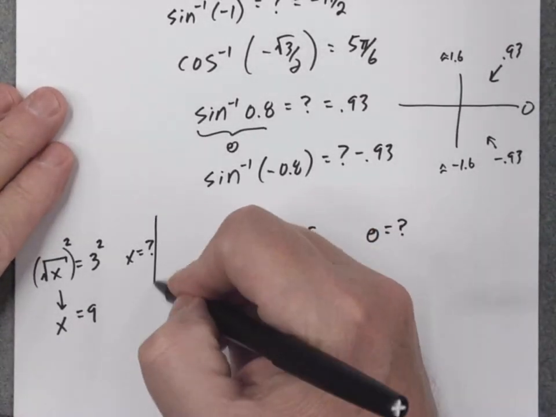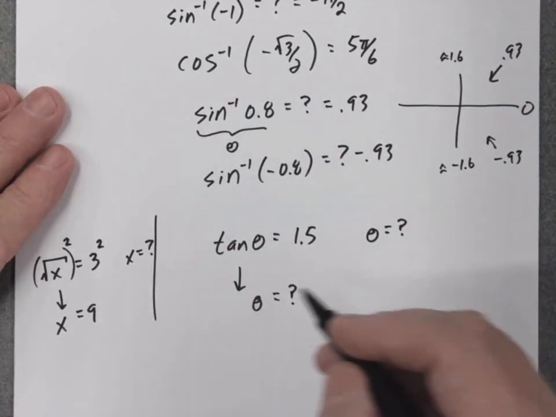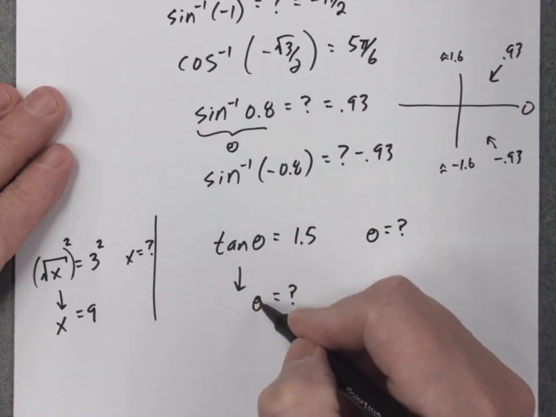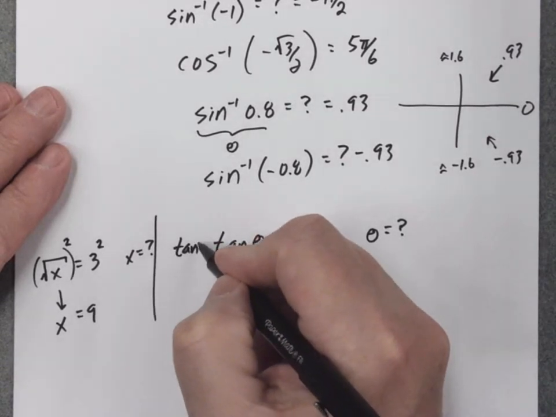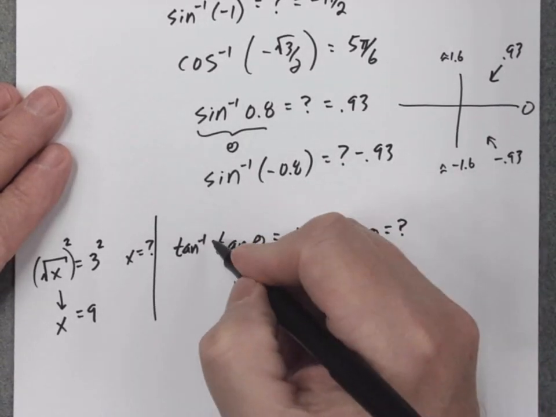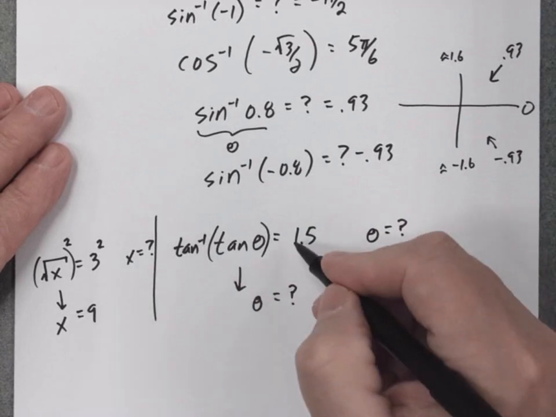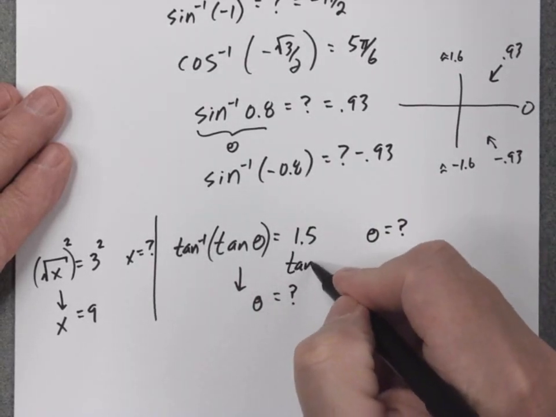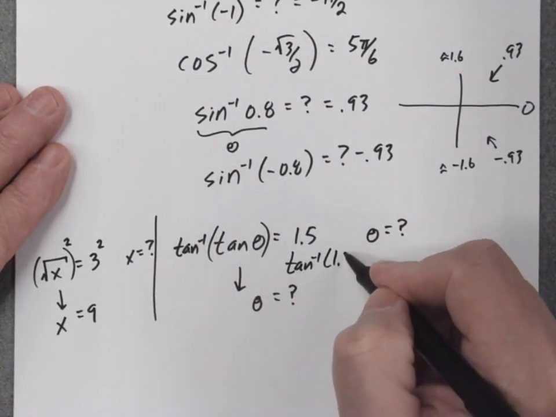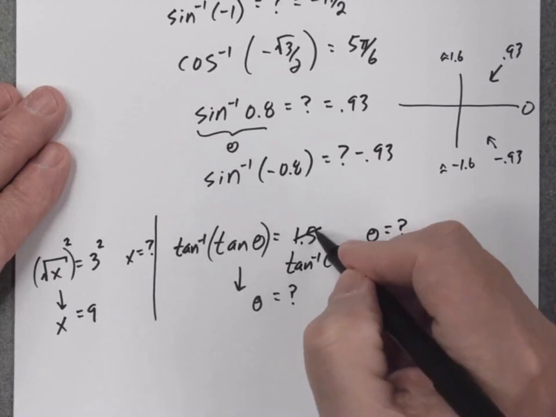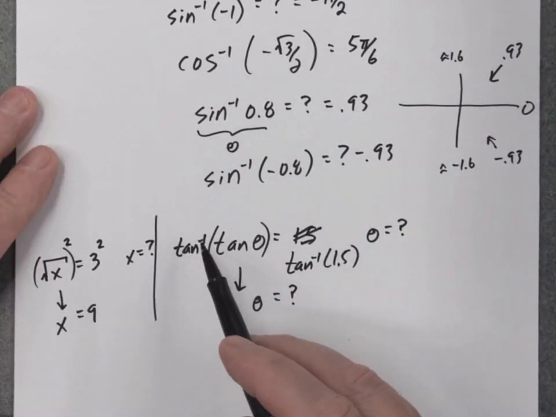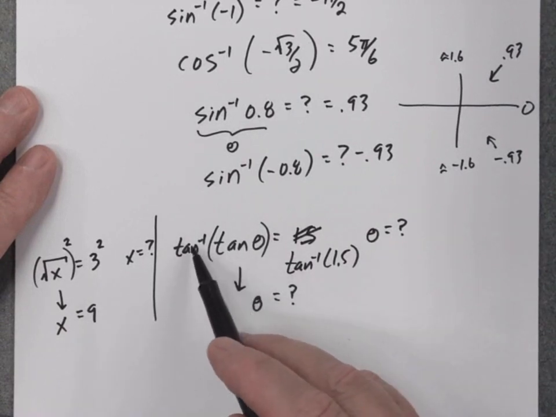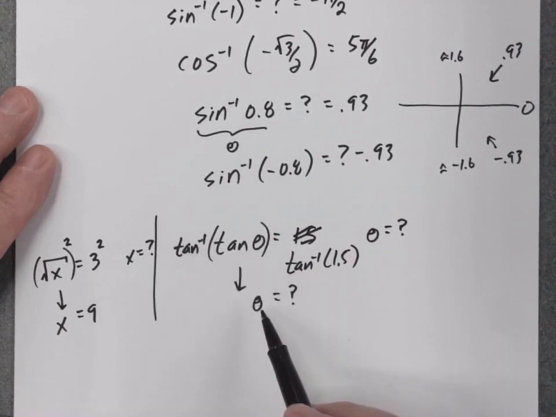How can I cancel out this tangent to get the angle by itself? You know what you do? You take inverse tangent of both sides. Because inverse tangent of the tangent, these cancel out and you're left with theta.